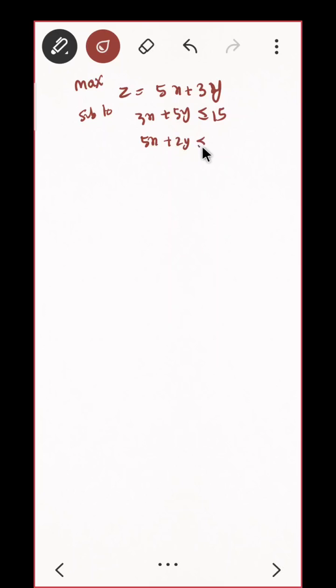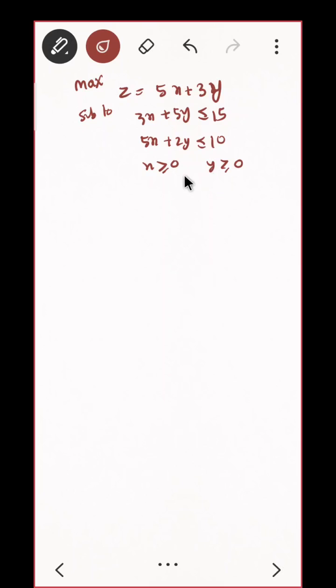So let us do one example, then it will be quite clear how to do it. Let me write a question. Maximize z equal to 5x plus 3y, subject to the conditions 3x plus 5y less than or equal to 15, 5x plus 2y less than or equal to 10, and the non-negative conditions x is positive, y is positive.